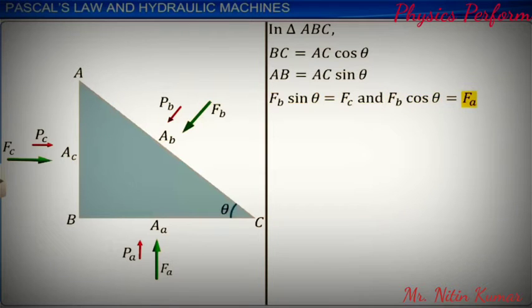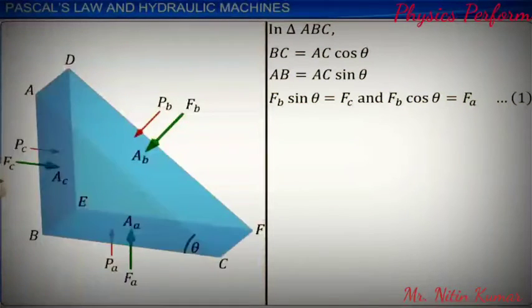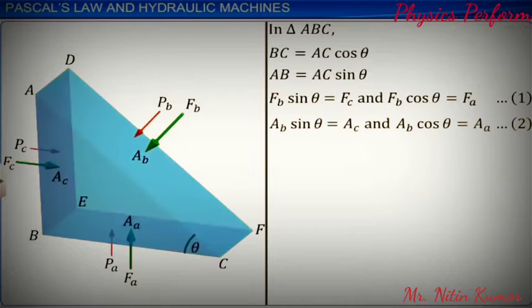As the thickness of the prismatic element FC is constant, the areas of the three sides of the prism can be expressed in terms of the trigonometric ratios as shown for the forces given by equation 2, which is AB sine theta is equal to AC and AB cosine theta is equal to AA.